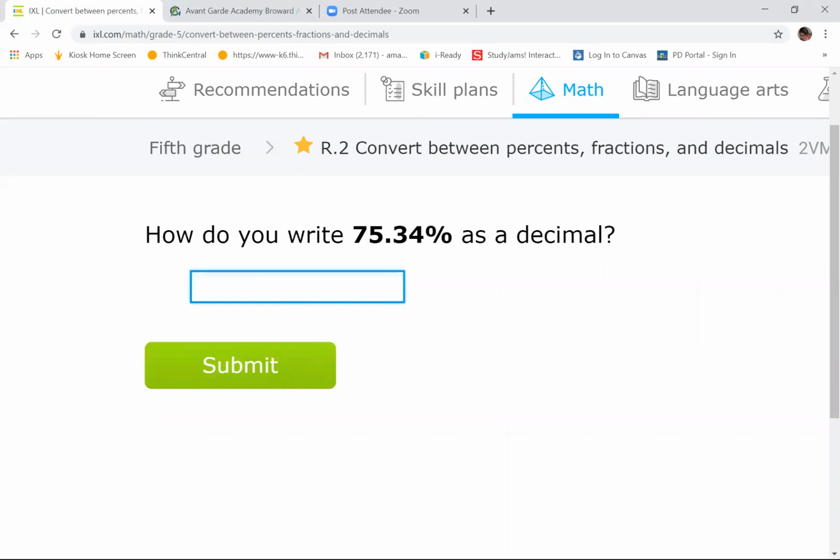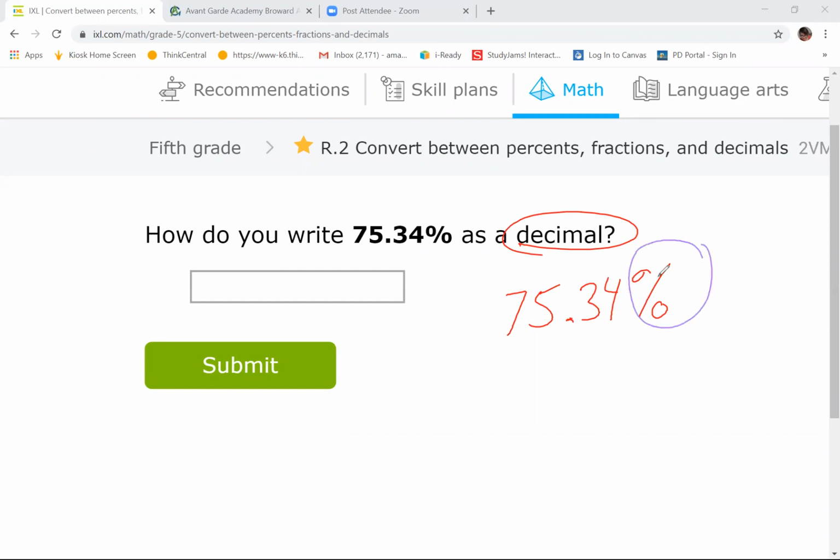How about this one? Oh, I like this. 75.34%, and we need to turn it into a decimal. How do we turn that into a decimal? Remember, this percentage means it's this number out of 100.